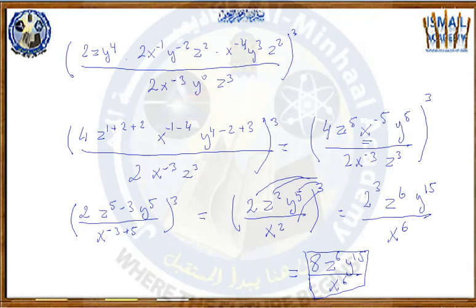I know, but why not do it in the beginning? It's going to be too long work. I don't want to simplify my work before I distribute it. You can do it at the beginning if you want, as long as you pay attention to what you're doing. You don't have to do it the way I do it. If you do it your way, it's okay. You're going to get the same answer. But I always prefer to simplify before I distribute. At least I minimize my error.